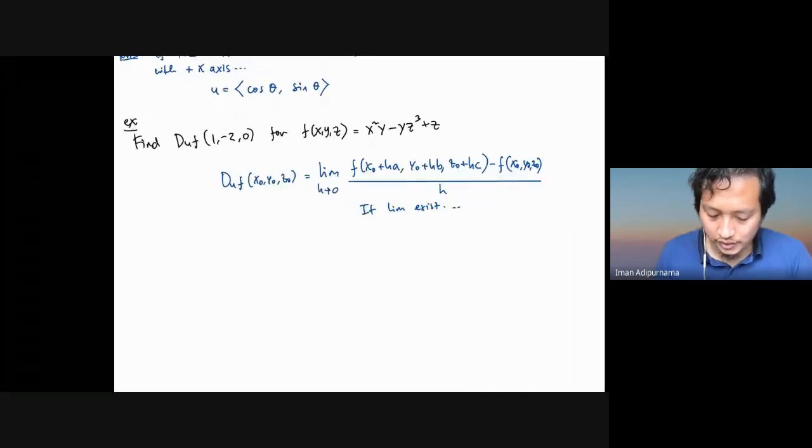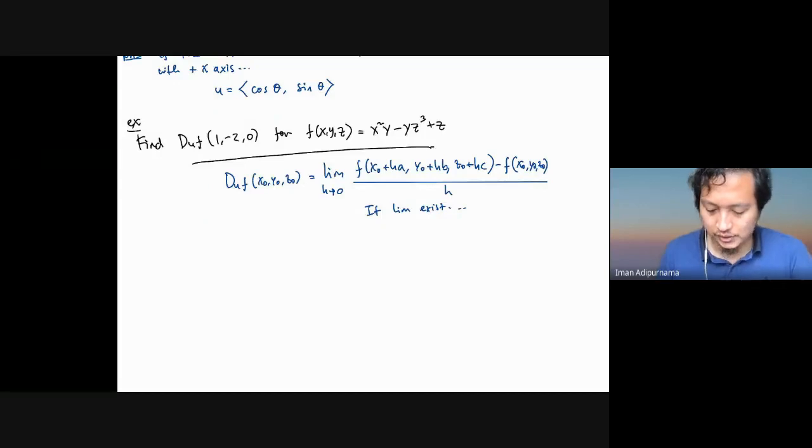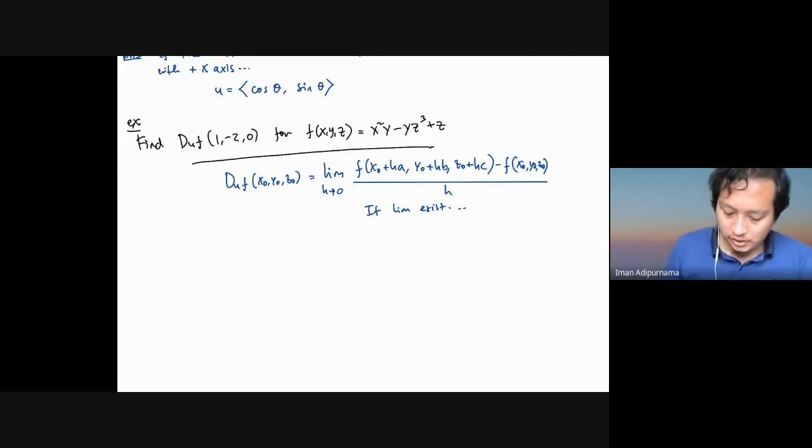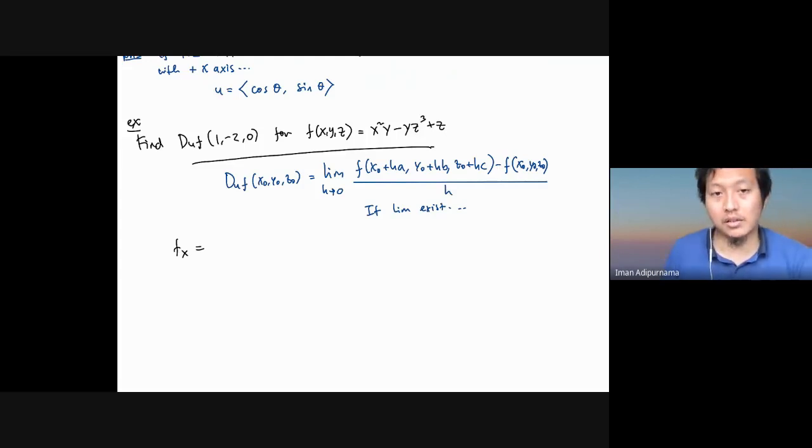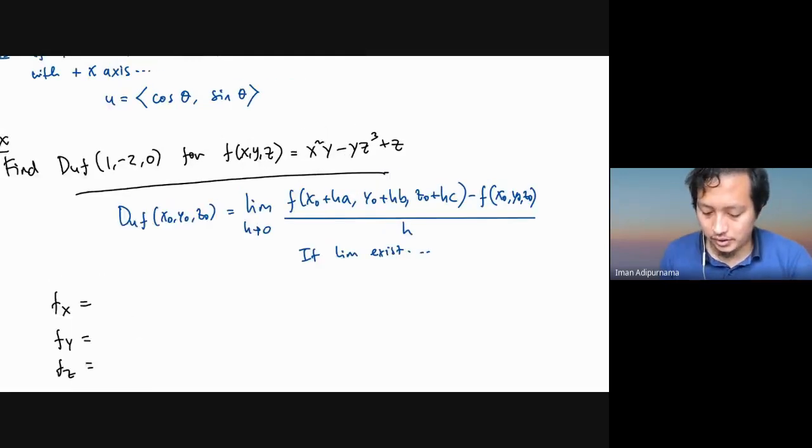Based on what we have in this question, first we need to casually calculate all the partials: partial x, partial y, and partial z. So we can take a look at these equations.